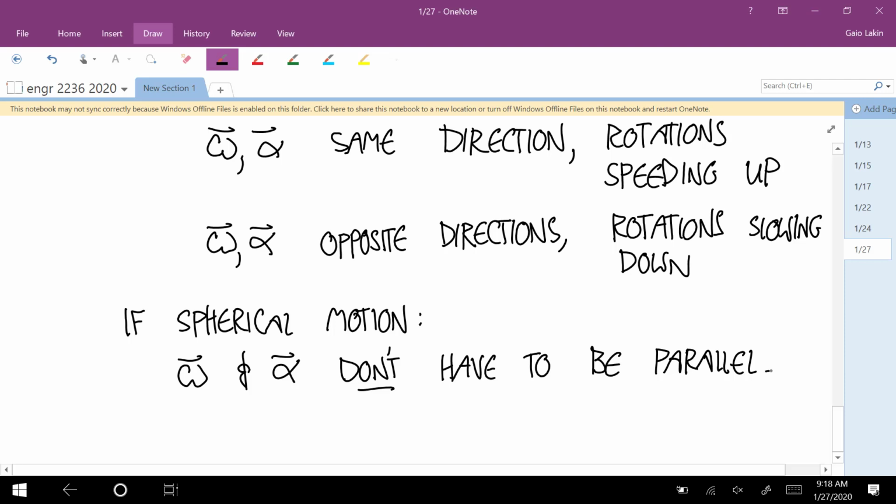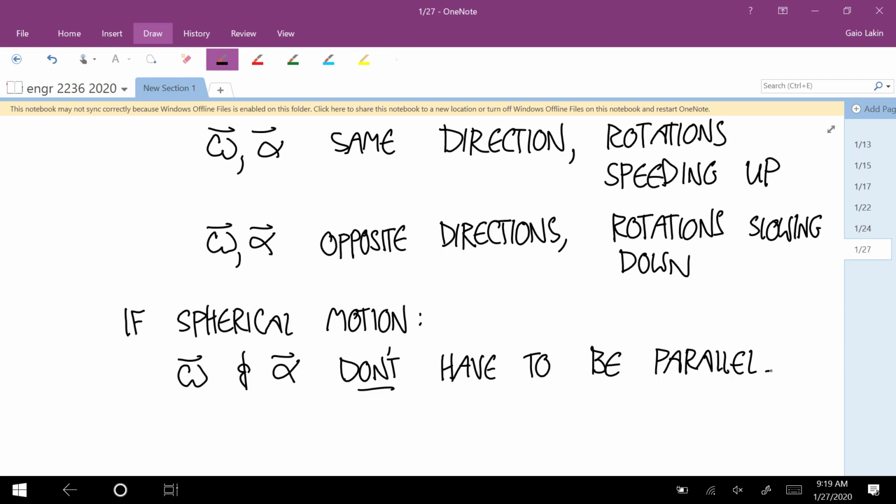Don't write this down, but you can think of alpha, the angular acceleration vector, as a vector that you can break up into two components: one that's parallel to the angular velocity vector and one that's perpendicular to it. This is in the spherical case. In the circular case, it's only parallel.